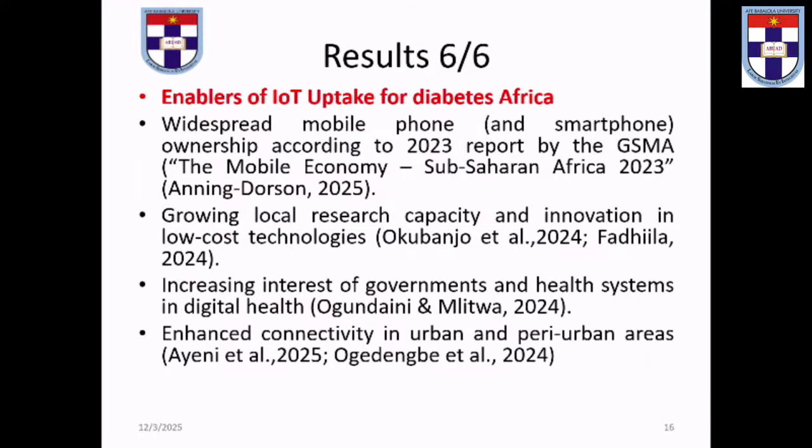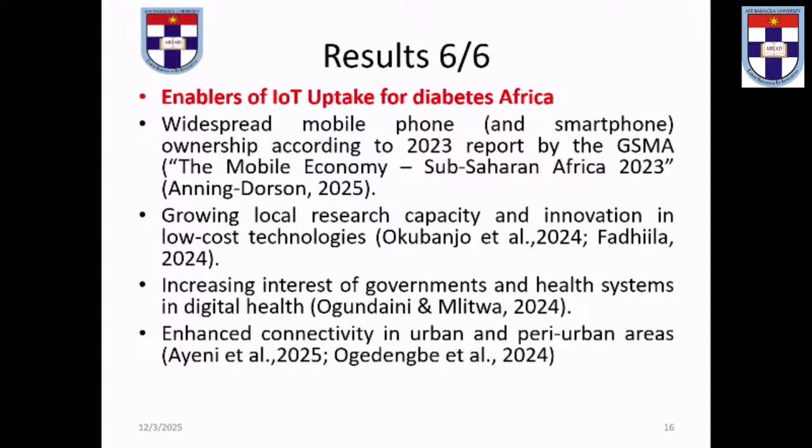So in Africa, there are factors that enable IoT uptake, like the widespread use of mobile phones, which presently almost everybody has, and this is one of the enablers of IoT uptake for diabetes in Africa. Also, we have growing research focusing on low-cost technologies, because one of the challenges of Internet of Things has to do with the cost of these internet facilities.